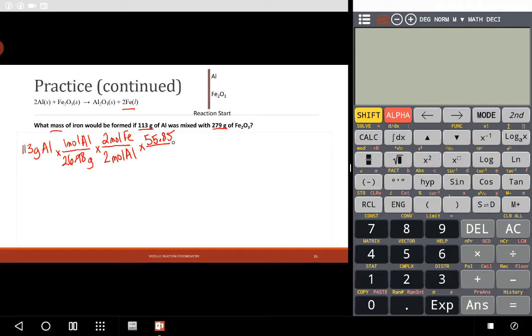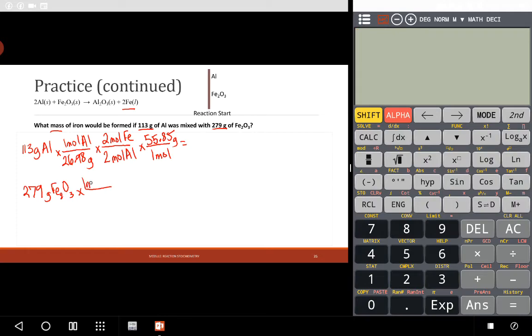In the homework, it stops at moles and has you compare the moles amounts, and that's fine too. But I'm just like, why not just go ahead and do it all the way? All right. I'm going to go ahead and get the second one set up as well before I type things into my calculator.